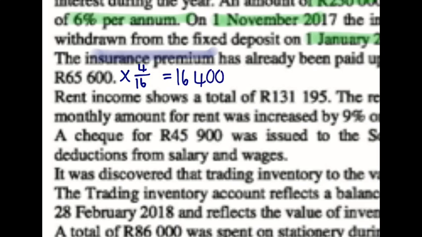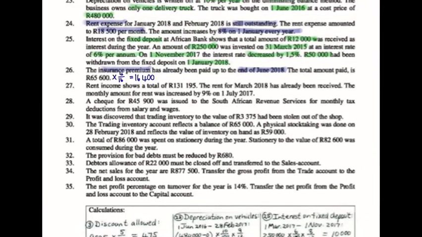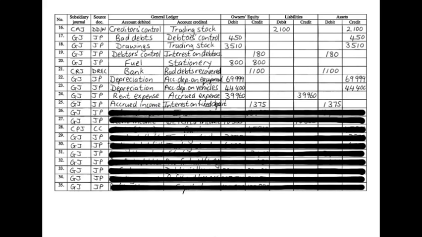So that in other words is a prepaid expense that we need to take out for this year. So in other words, my insurance account needs to decrease with 16,400, and therefore I'm taking the information to deferred expenses, also known as prepaid expenses, 16,400, and that's an asset that is then increasing with 16,400.